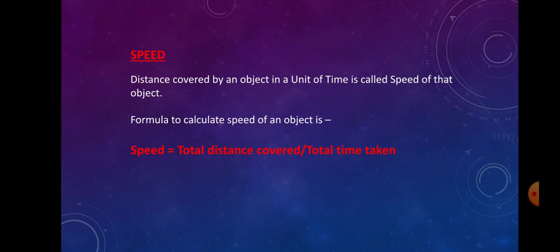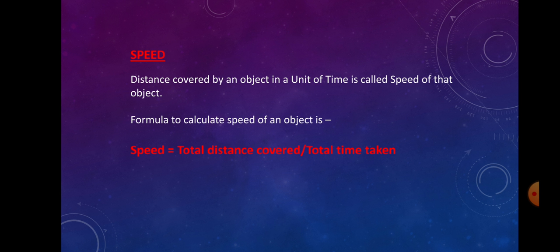So we will discuss speed. What is speed? In simple words, the distance covered by an object in a unit of time is called the speed of that object. The formula is also given, so you can note it down.